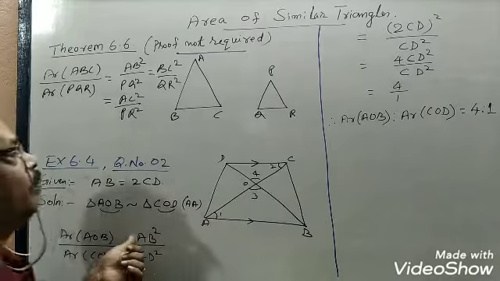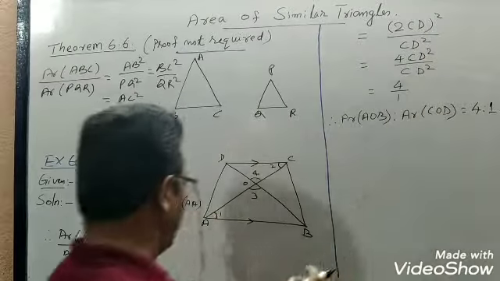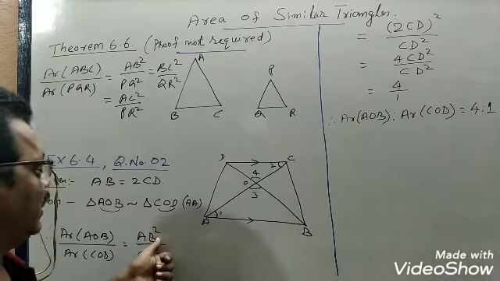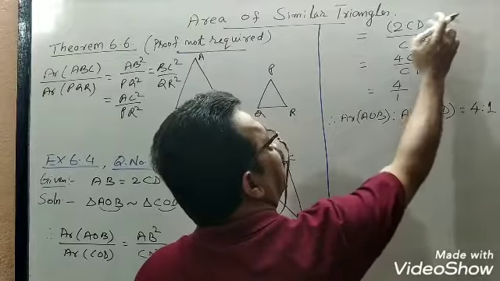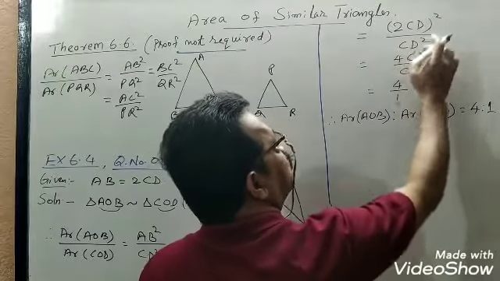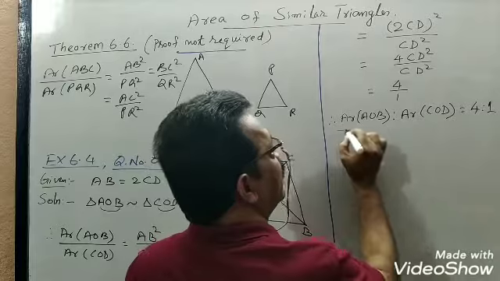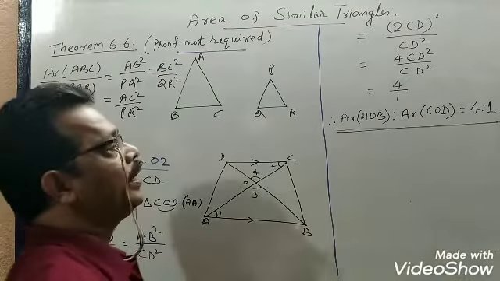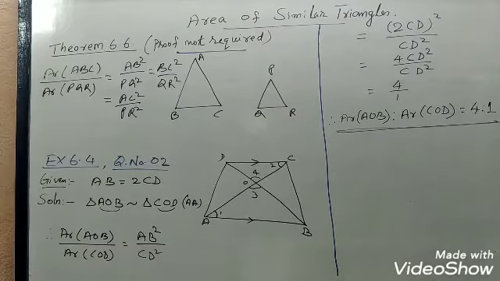So in place of AB square, we put 2CD square by CD square. The square of 2 is 4. 4CD square by CD square is equal to 4 by 1. Therefore, the ratio of the areas of AOB and COD will be equal to 4:1.